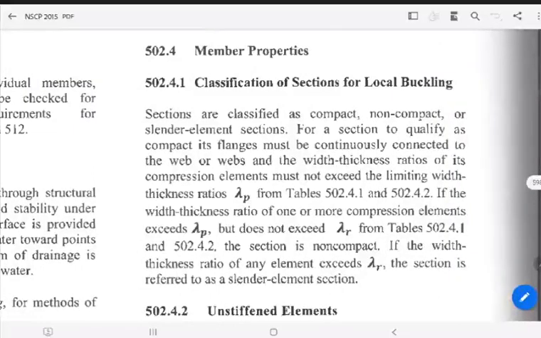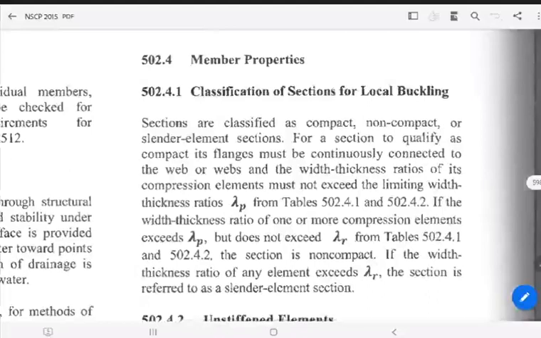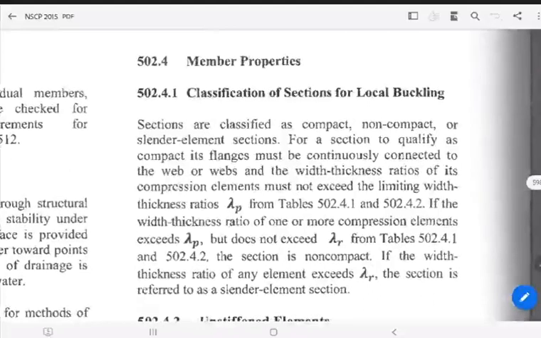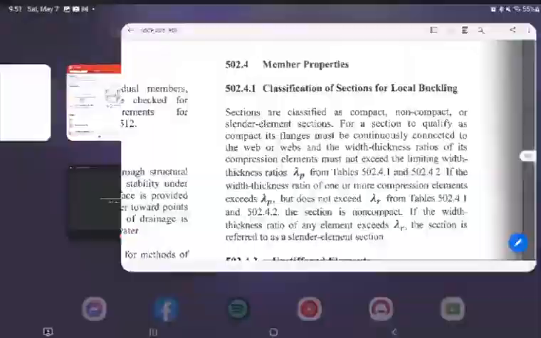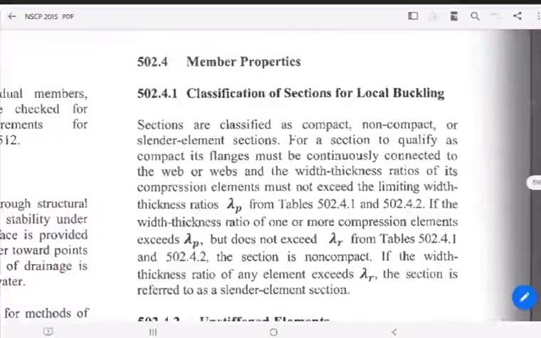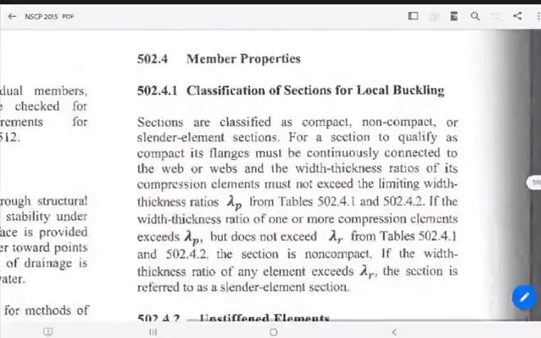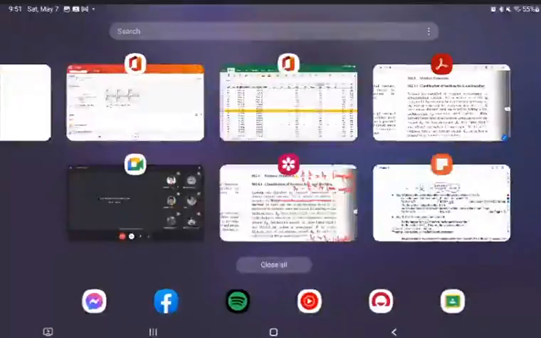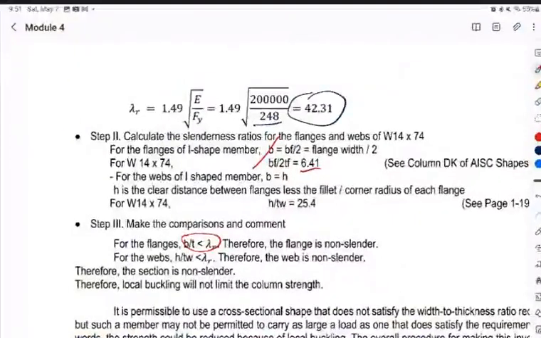Pag na-exceed niya yung lambda r, local buckling will govern our section. Kapag it should be non-slender para hindi mag-govern yung local buckling. Kapag na-exceed niya itong lambda r, okay, yun na yung hindi na pwede yung mga formulas natin sa taas. Okay, so it should be less than lambda r.